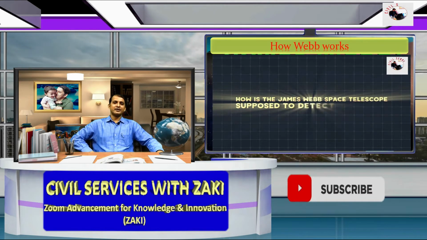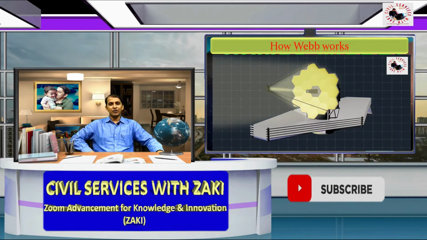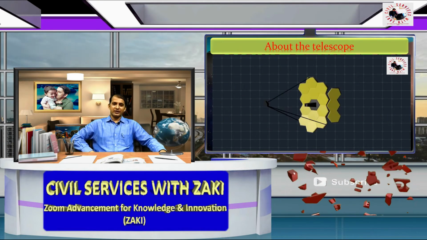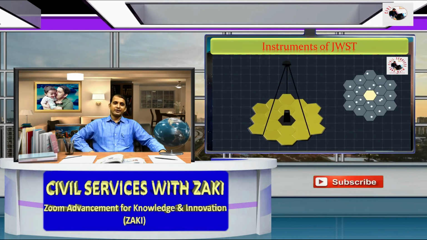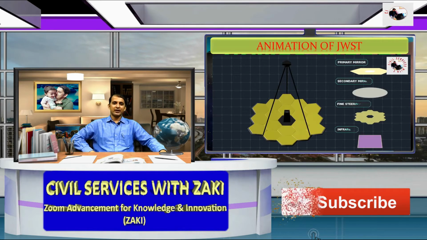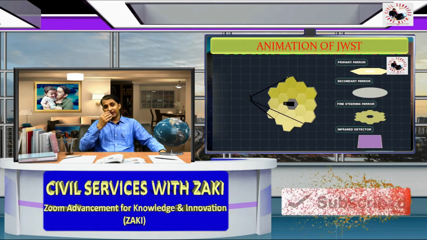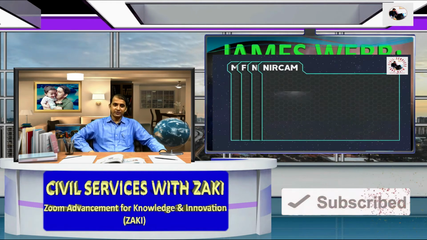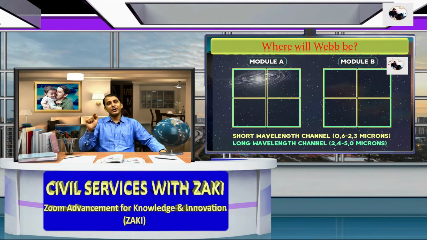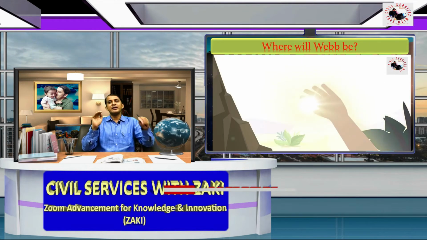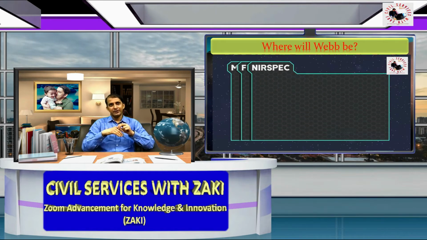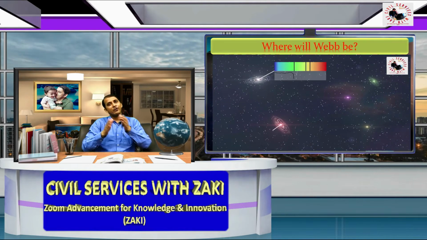Another is how Webb works, so how this telescope works, and another about the telescope itself, and the instruments of the James Webb Space Telescope, and of course an animation of the James Webb Telescope. And where will Webb be? Where will this James Webb Telescope be installed or situated, whether in Earth orbit or solar orbit.